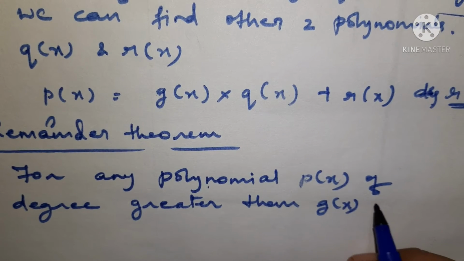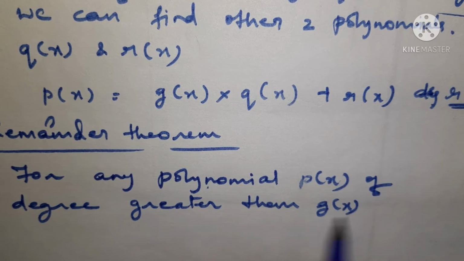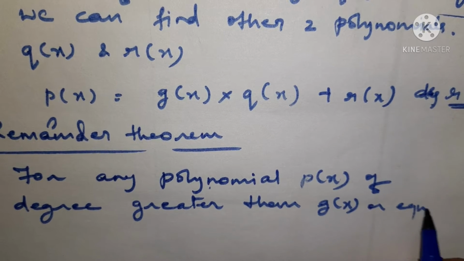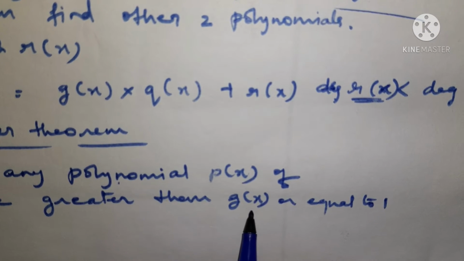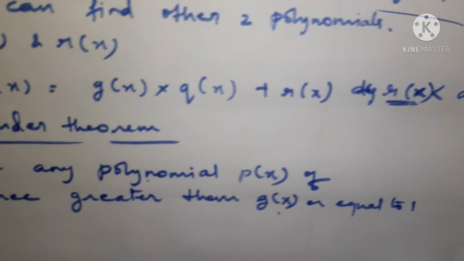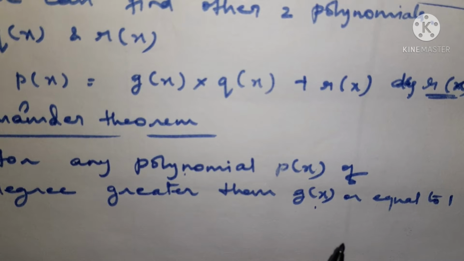greater than gx or equal to 1. Either the degree will be greater than gx or it could be equal to 1.